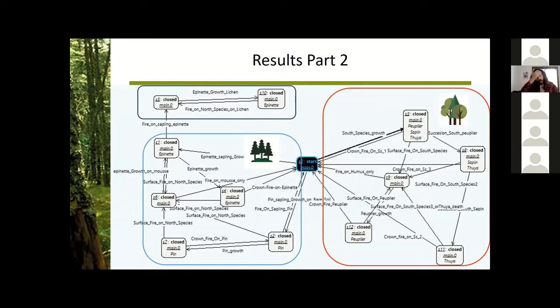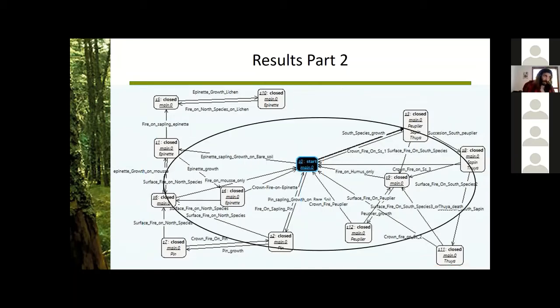Black spruce woodland on lichen is at the top, and black spruce forest on feathermoss on the left. Here we can see we can cycle between the mixed wood forest and the black spruce forest on feathermoss, but it depends on the soil cover, the moss and the humus, and not on the lichen. And here again, we see the importance of the irreversibility of the rules: going from the black spruce forest on feathermoss to the black spruce woodland on lichen.